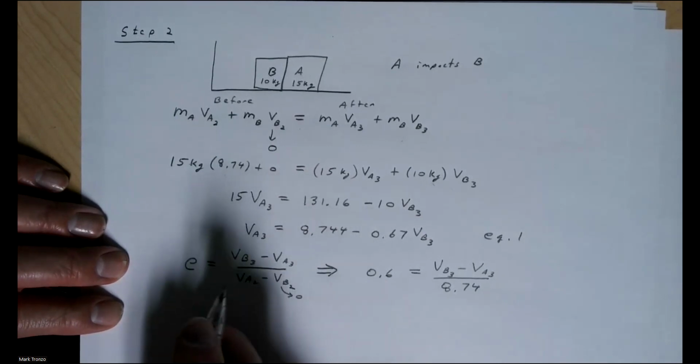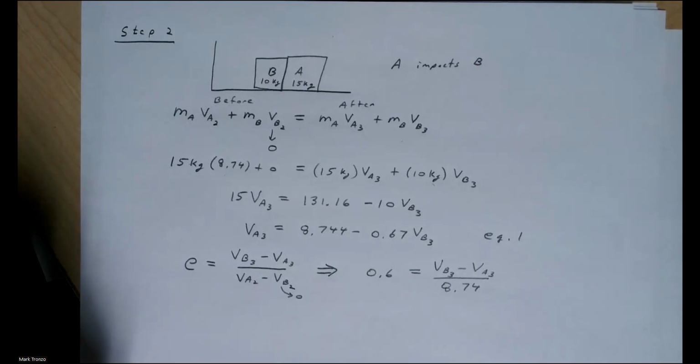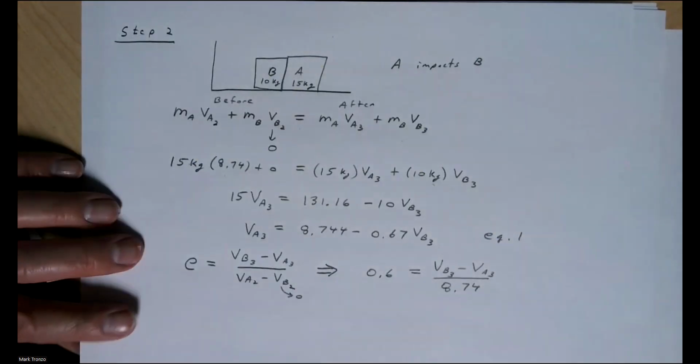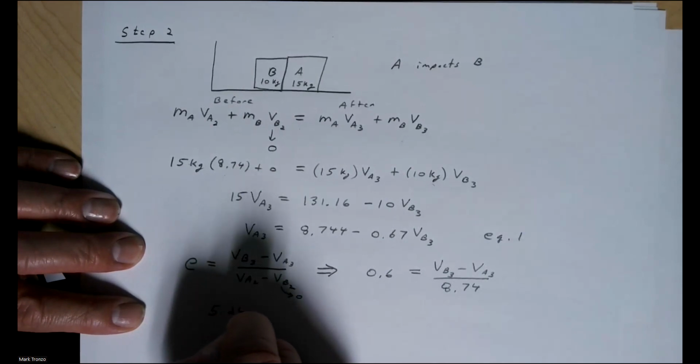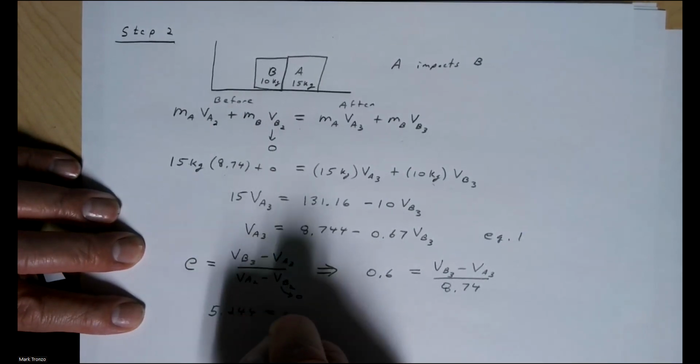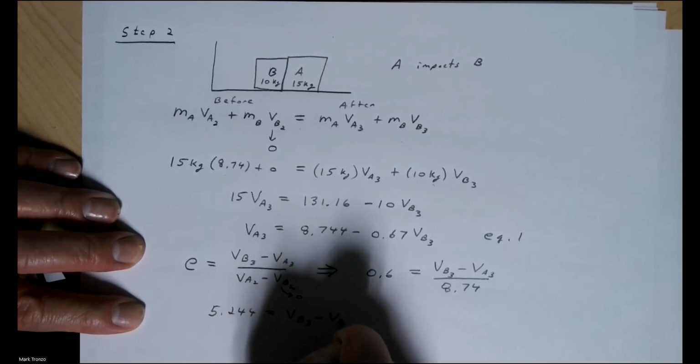If we multiply this over, this is 8.74 times 0.6, 5.244, equals VB3 minus VA3.